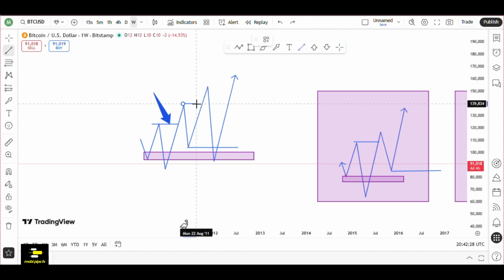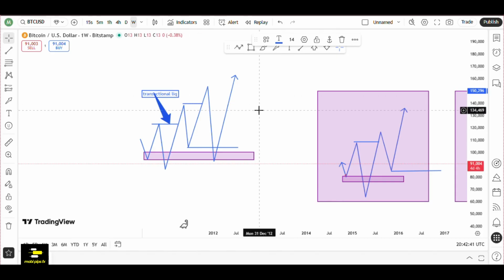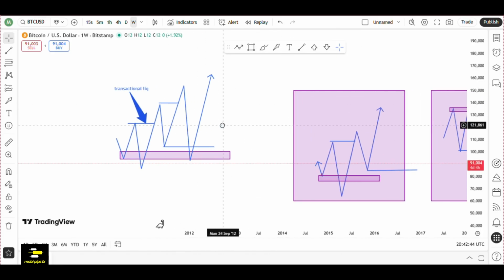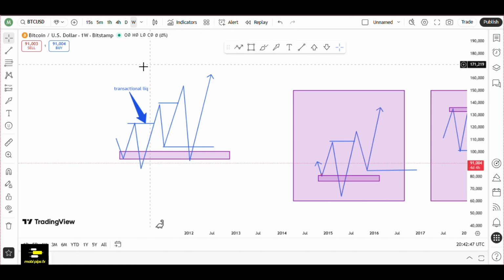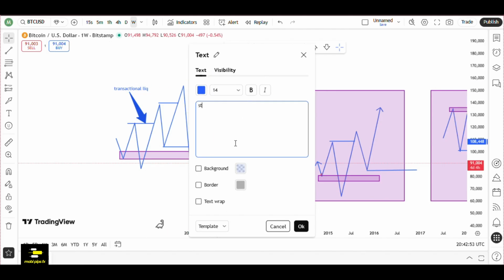Let's look at it from the sell side. Let's label transactional LIQ. All right. Let's look at this. Okay, then this is our structural LIQ.